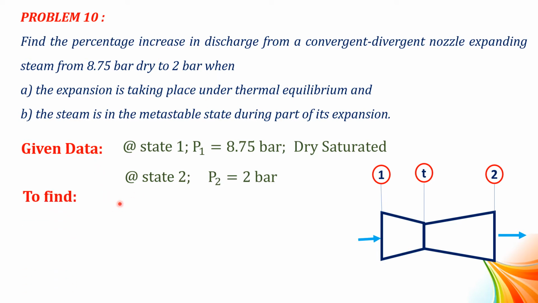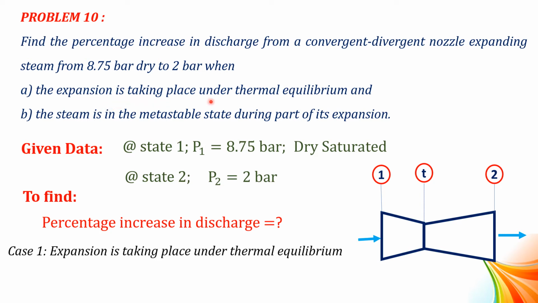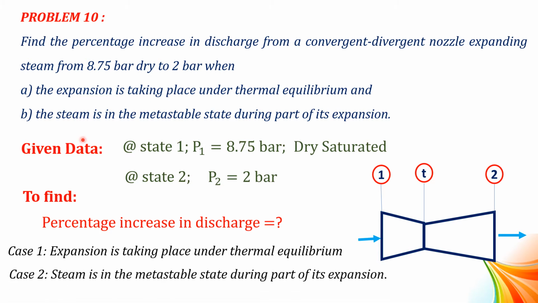Now, we have to find out the percentage increase in discharge when the expansion is taking place under thermal equilibrium and the steam is in metastable state during part of its expansion.